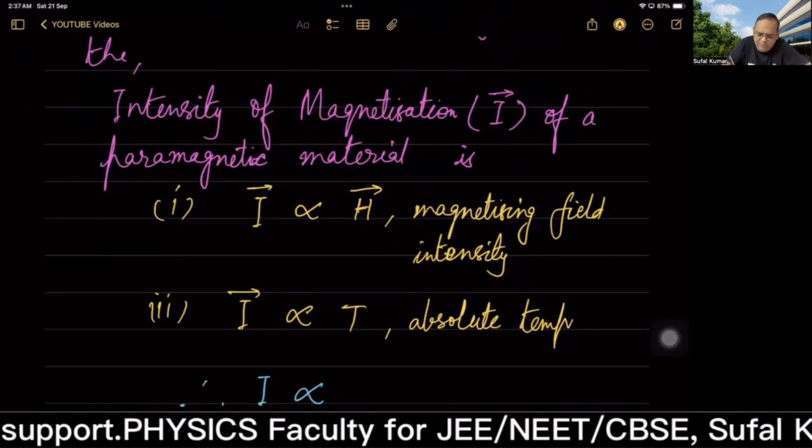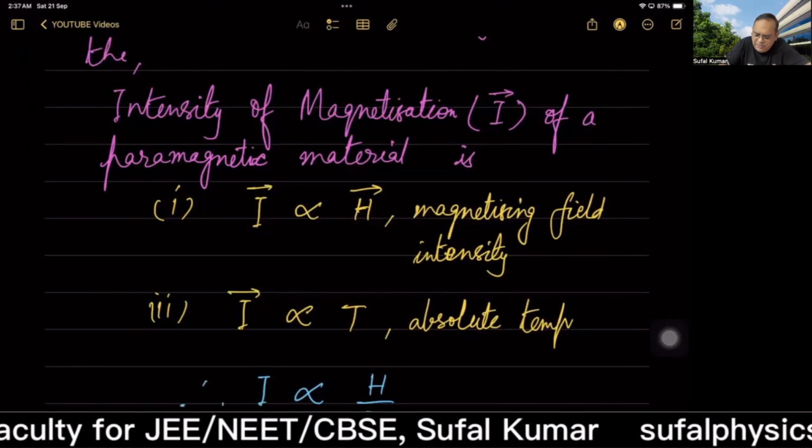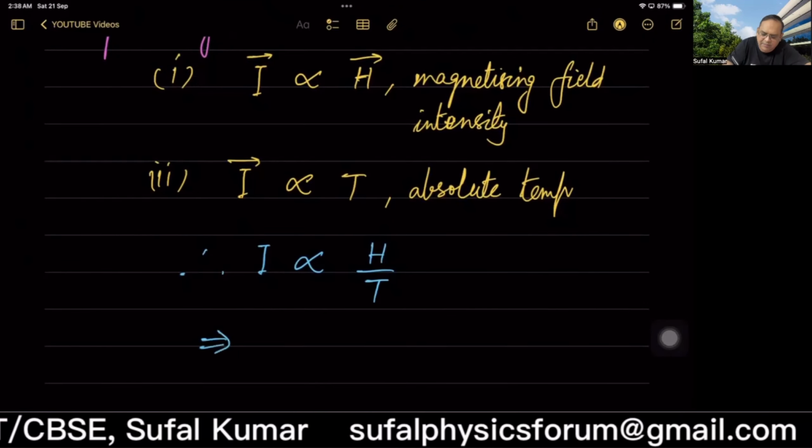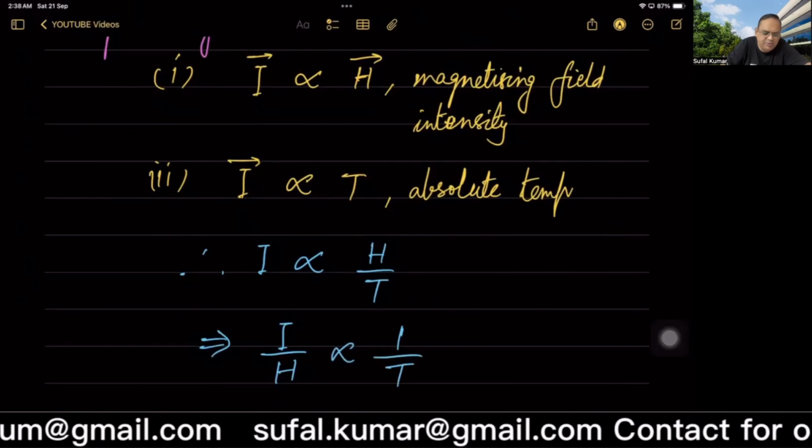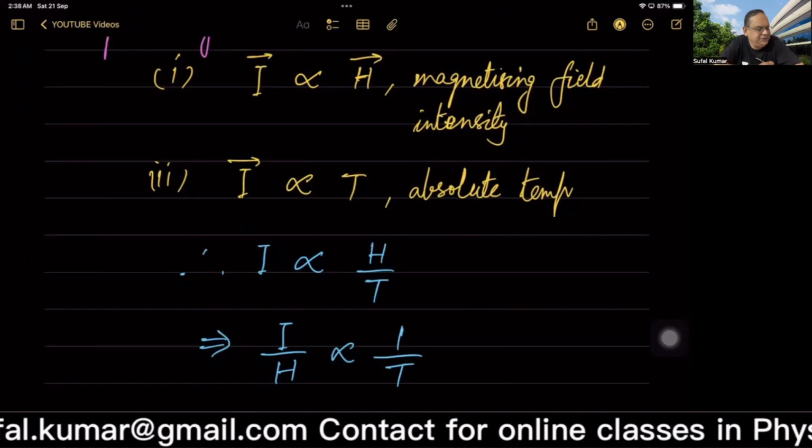Therefore, I is proportional to H by T. It implies that I by H is inversely proportional to temperature.